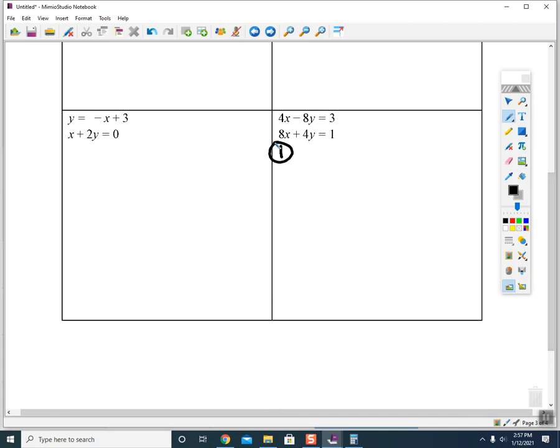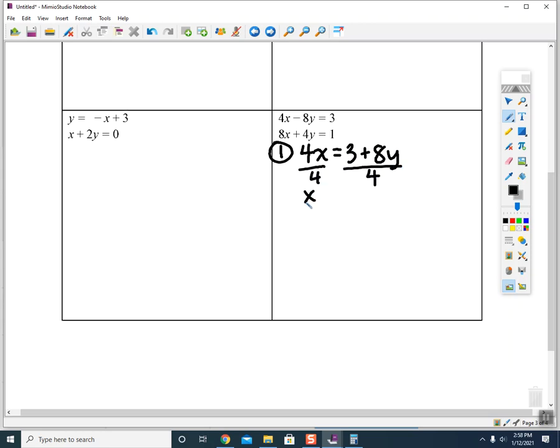So, another one where getting a variable by itself is not super obvious, right? So, I'm going to pick the first one again because it has subtraction, and so that's pretty easy to work with. So, if I add 8y to both sides, I would have 4x equals 3 plus 8y, right? I'll divide both sides by 4.